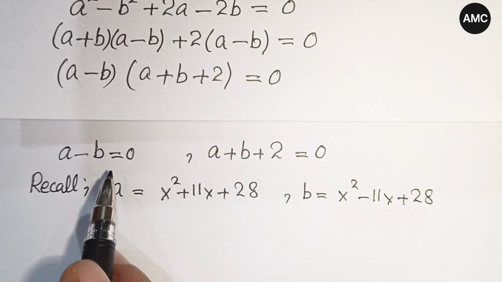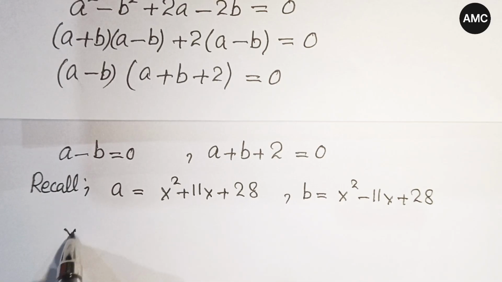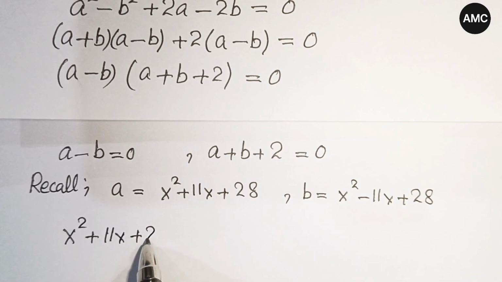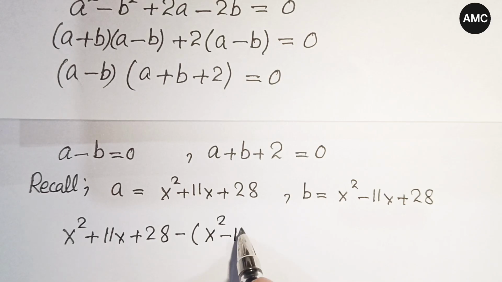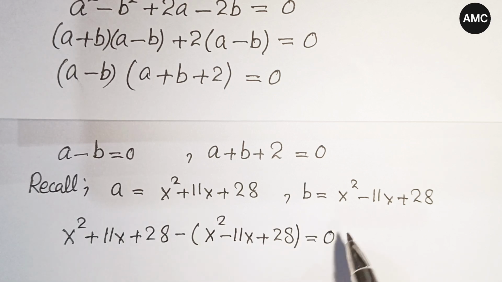Now a minus b is equal to 0, so putting these values of a and b, we have x squared plus 11x plus 28, minus the value of b, x squared minus 11x plus 28, equal to 0.